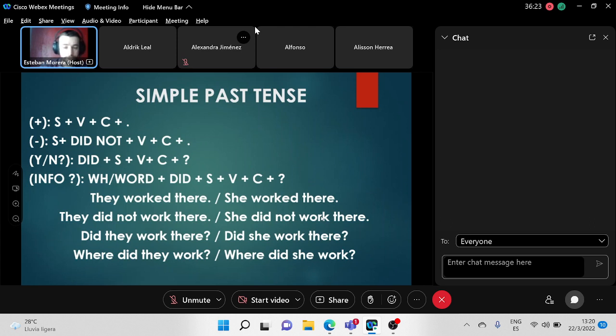Call in the present, called in the past tense. That's an example of a regular verb. Explain in the present, explained in the past. Regular verb.